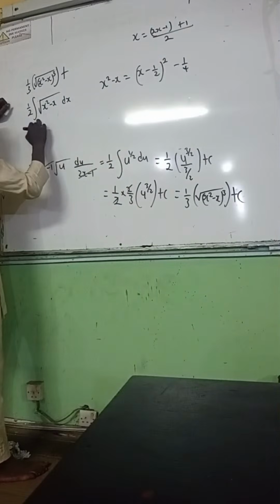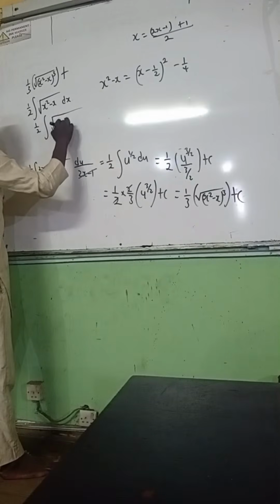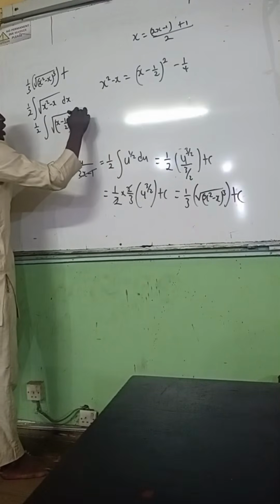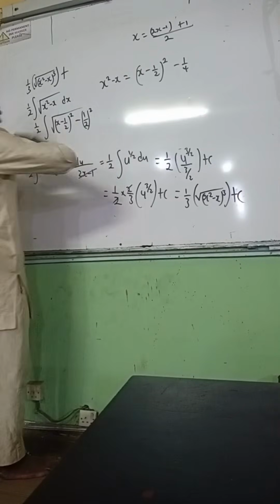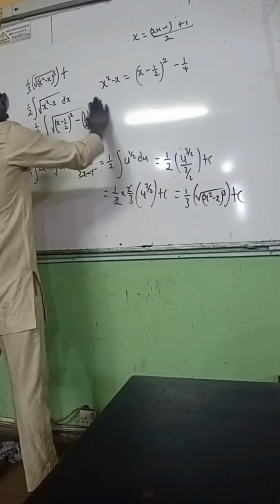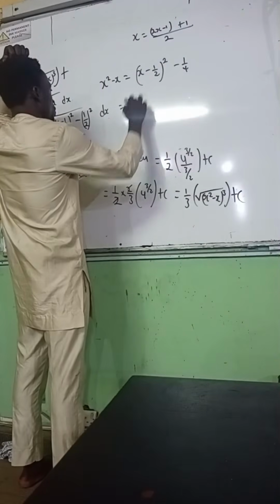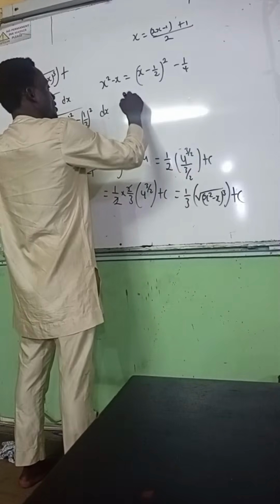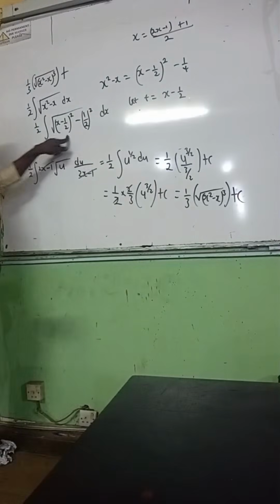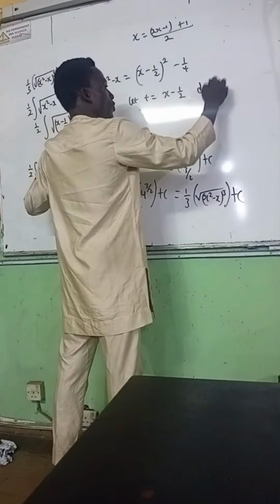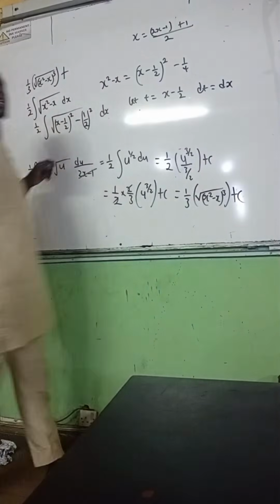So this becomes 1 over 2 integral of square root of x minus 1 over 2 all squared minus 1 over 4, and 1 over 4 can be written as 1 over 2 all squared, dx. Let t equal x minus 1 over 2. Then dt gives us 1 dx. When we differentiate x, we get 1.